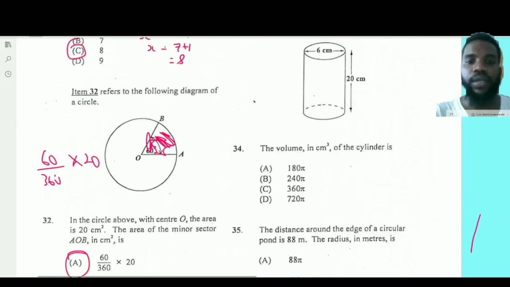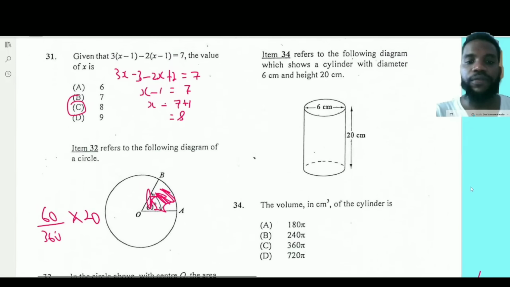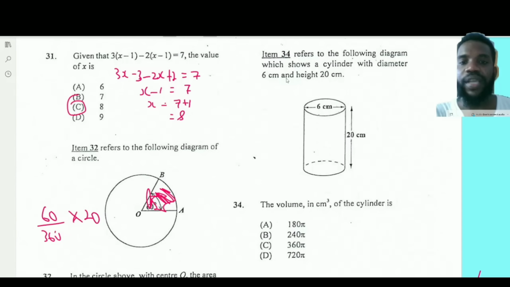Question 34. We're given the diameter of this cylinder right here, 6 centimeters, and the height is 20. The volume of a cylinder, let me remind you of the formula, is pi r squared times height.